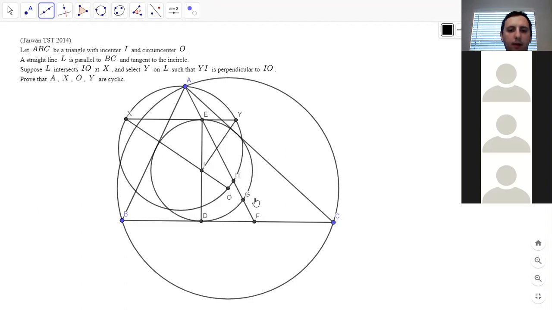Because AE is proportional to AF if you use ratios. Where do we use O? I was trying to use power of a point.